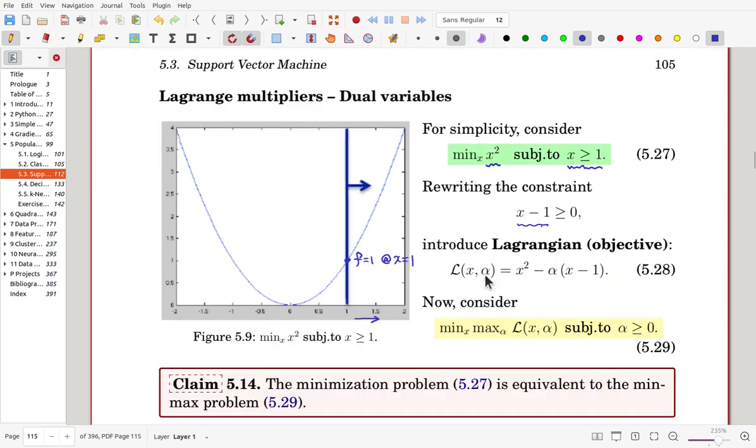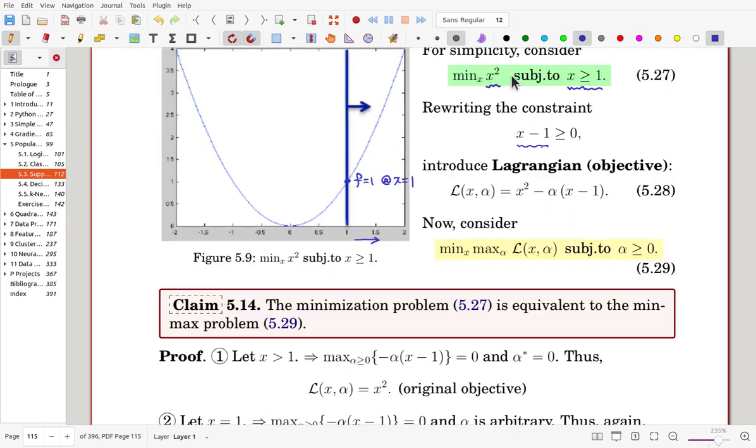Okay. Here, this is the original problem. And now after introducing the Lagrangian, we change the f of x to the maximum over alpha of the Lagrangian, subject to the Lagrange multiplier larger than or equal to 0, because it has an inequality, we may have to choose alpha either positive or negative.